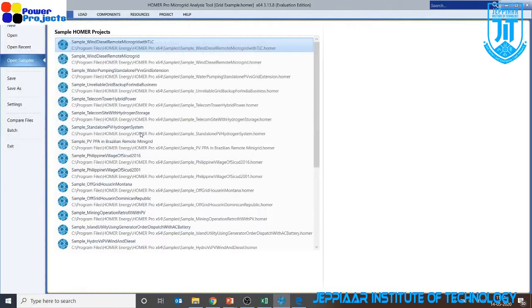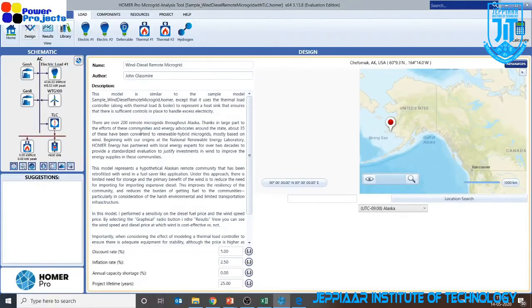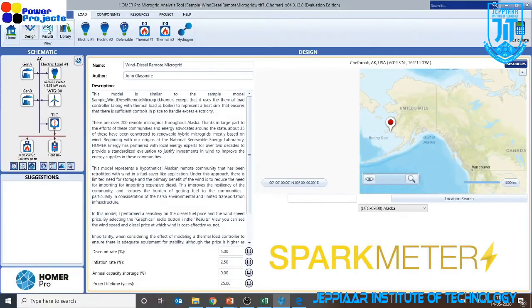The sensitivity analysis will tell you something like: if the diesel price is more than 65 rupees per liter, then going for a 200 kilowatt biomass is okay. And if the diesel price is 80 rupees per liter, an even higher capacity like 1000 kilowatt biomass is okay. That is basically your sensitivity analysis.